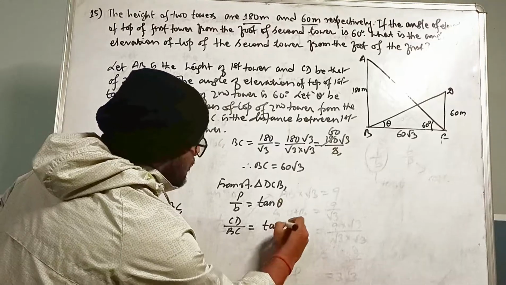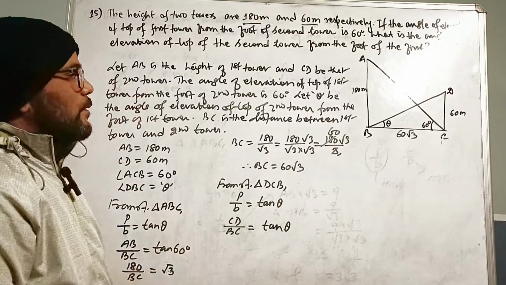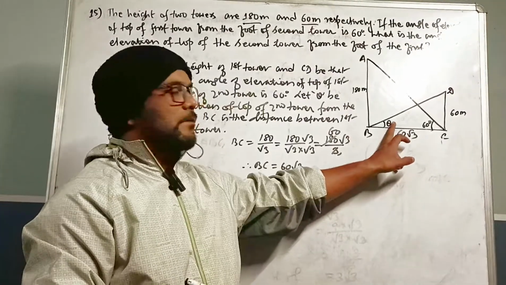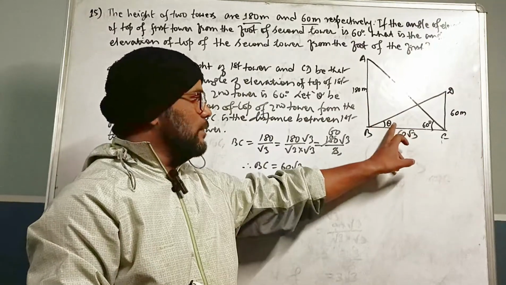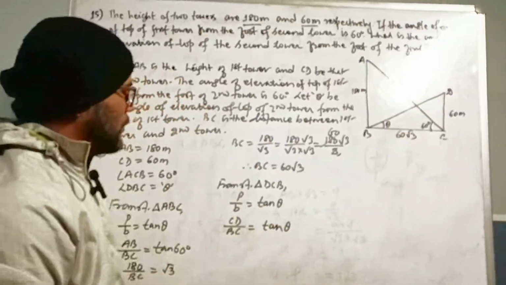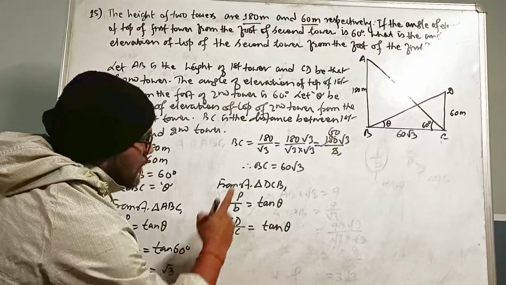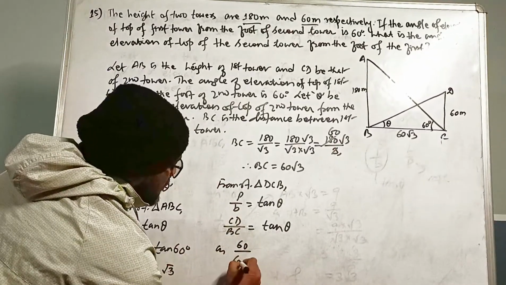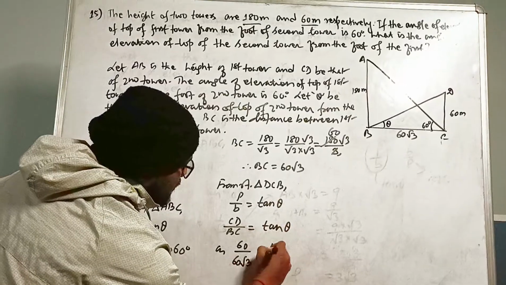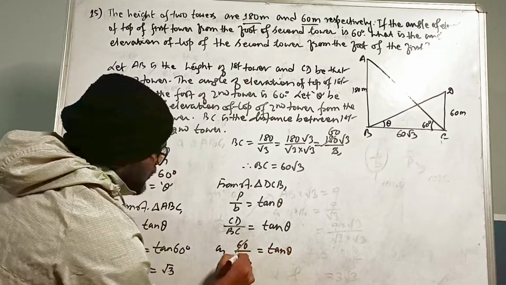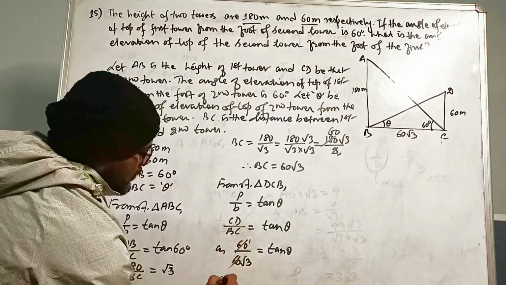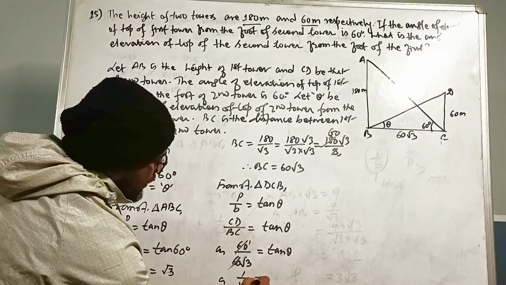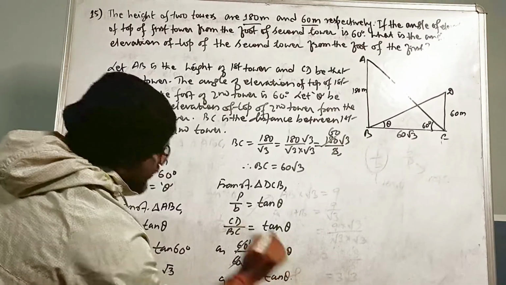Tan how much? Theta. Because the angle is not given here and you are supposed to find this value. So it's very simple. CD 60, BC 60 root 3 and tan theta. Clear? 60 60 cancel. You'll get 1 by root 3 equals tan theta.